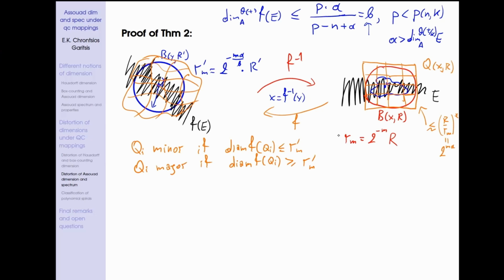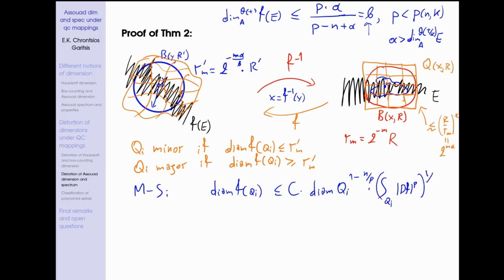Well, one of the tools we have is the Morrey-Sobolev inequality, which says that the diameter of f of Qi is at most some constant times the diameter of Qi to the 1 minus n over p, times the integral over Qi of the derivative to the p, whole thing to the 1 over p.